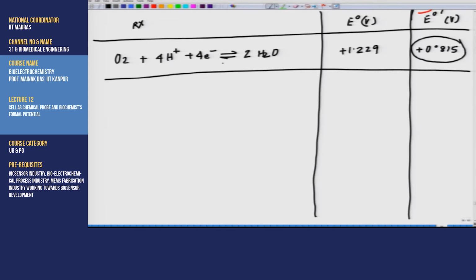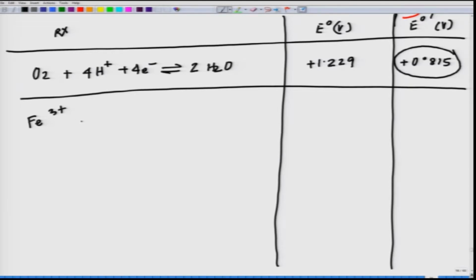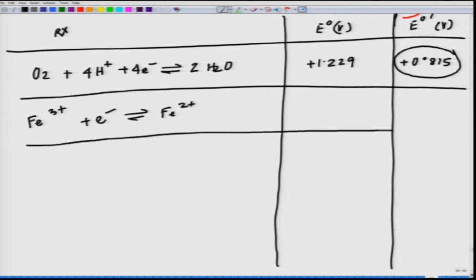Okay. Now, take a simple one, iron 3 plus plus electron, it is getting reduced to make it Fe2 plus. Okay. Now, in that situation the E0 value is 0.771 as well as E0 prime 0.771. Now, you realize the difference, both are same. Why both are same?